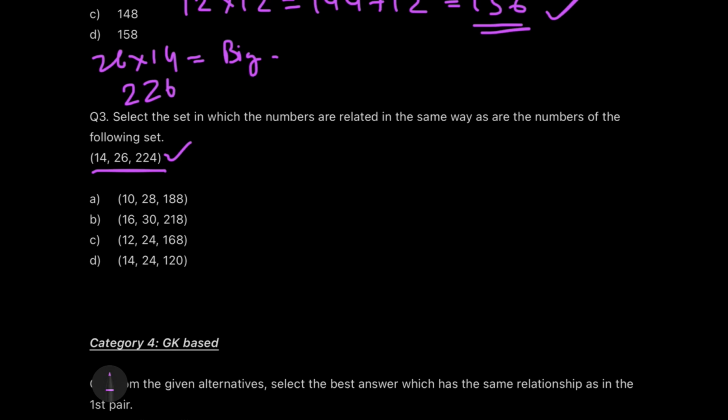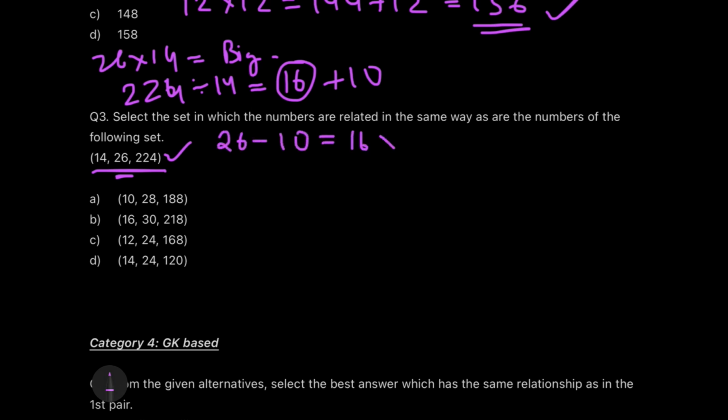I can try to divide 224 by 14 and check what I get. I will get 16. And how are 16 and 26 related? 26 is 10 more than 16. So following this reverse pattern, I can say that take the middle number, subtract 10 from it, and then multiply it with the leftmost number to get the rightmost number.